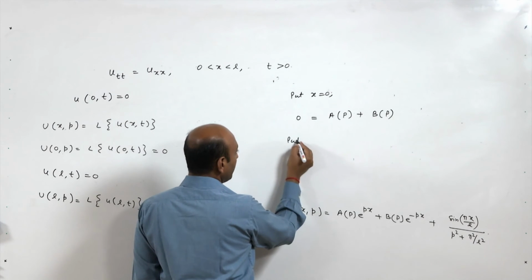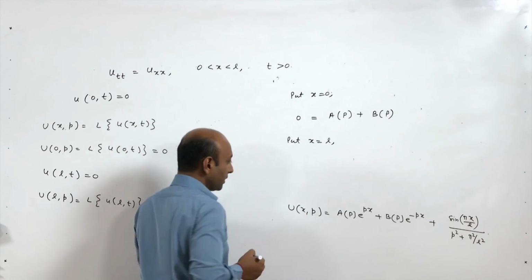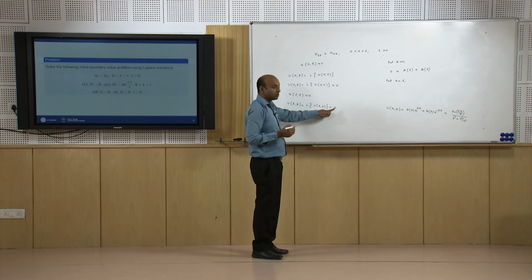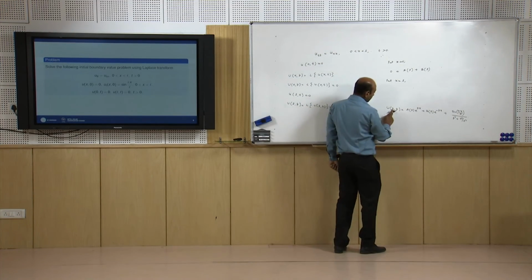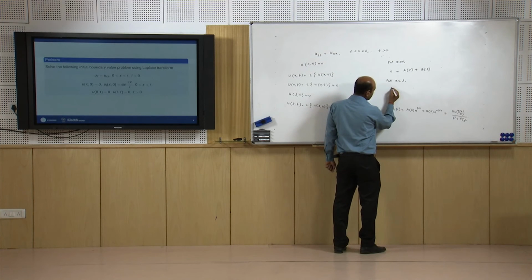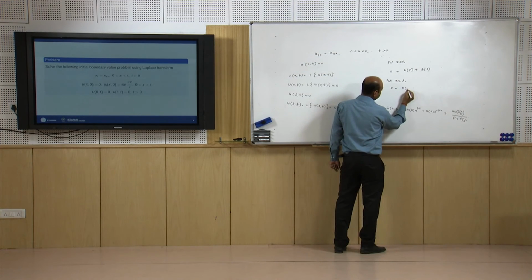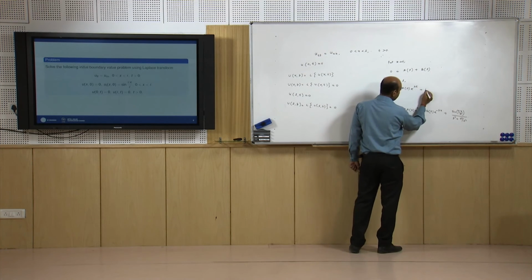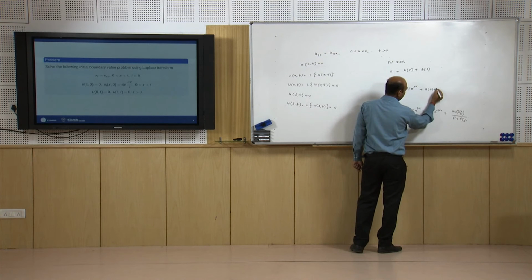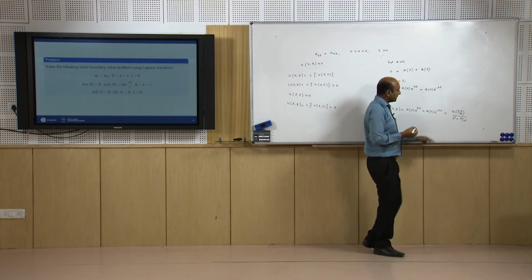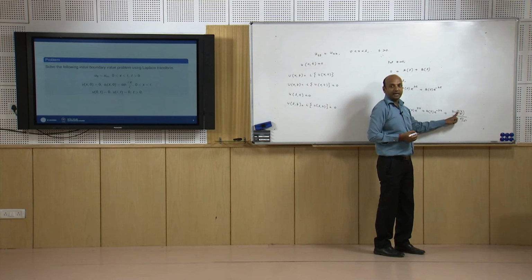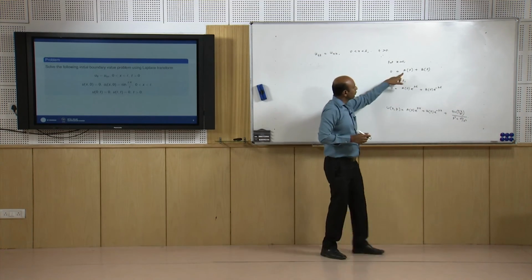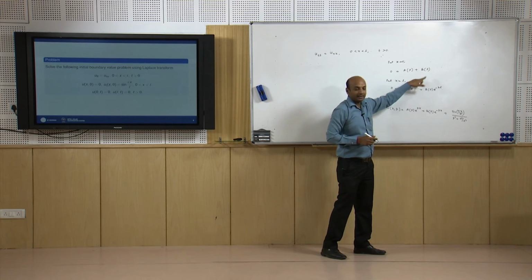Now put x equal to L here. When you put x equal to L, capital U(L, p) is again 0. So 0 is equal to A_p e^(pL) plus B_p e^(-pL), and at x equal to L, sin π is 0. Now these are two equations in two unknowns, capital A and capital B. A_p plus B_p is equal to 0, and A_p e^(pL) plus B_p e^(-pL) is equal to 0.